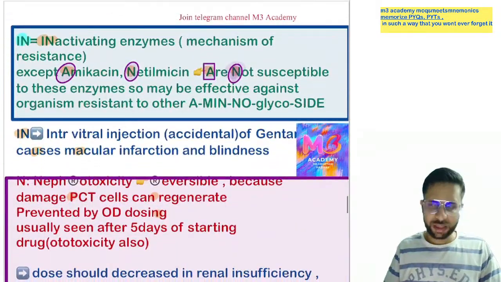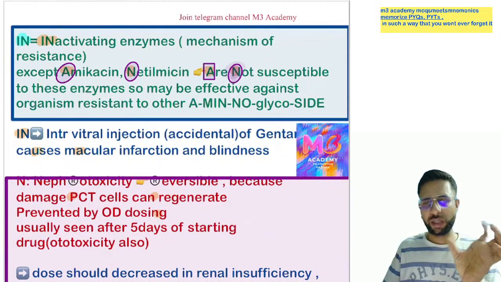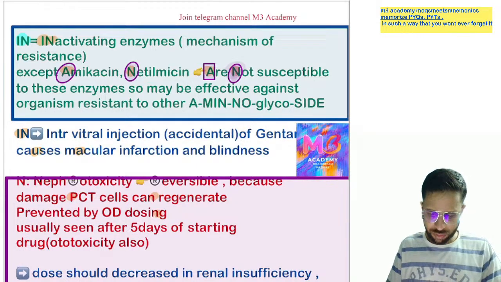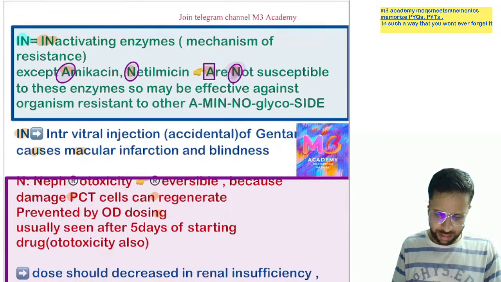Next is I, which means inactivating enzyme. The mechanism of resistance is inactivating enzyme.